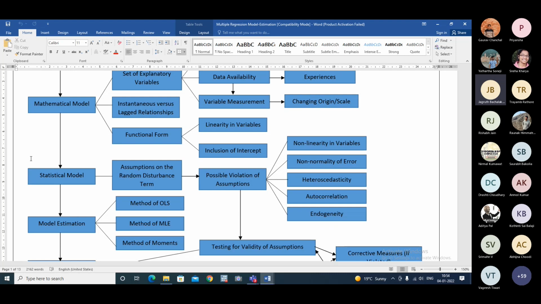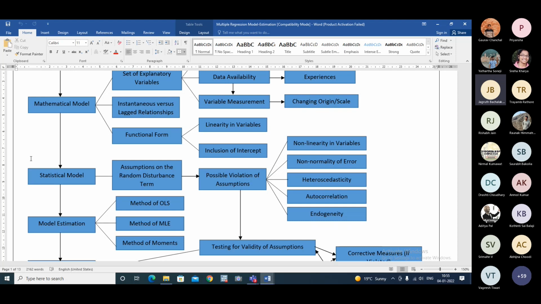It is very, very important, because often we commit some errors, and this random disturbance term is added into the mathematical model to capture such errors. A very simple example of such an error is measurement error.